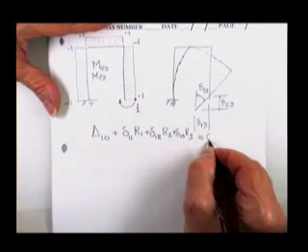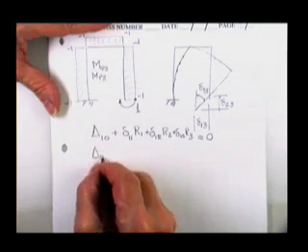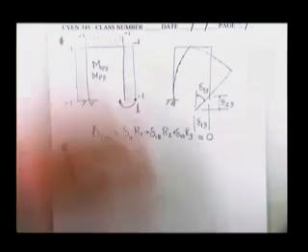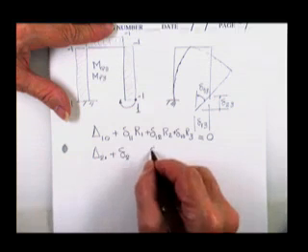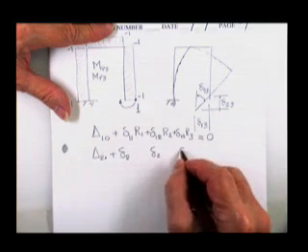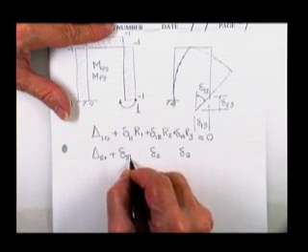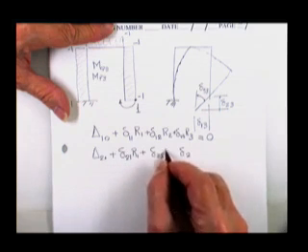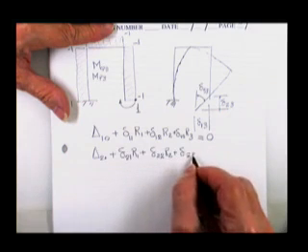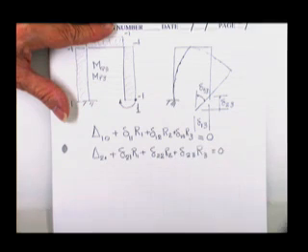0 is correct. Delta 2,0 plus delta 2,1 R1, because you tinkered in the 1 direction, plus delta 2,2 R2, because you tinkered in the 2 direction, plus delta 2,3 R3, because you tinkered in the 3 direction. That big should be no movement up and down.